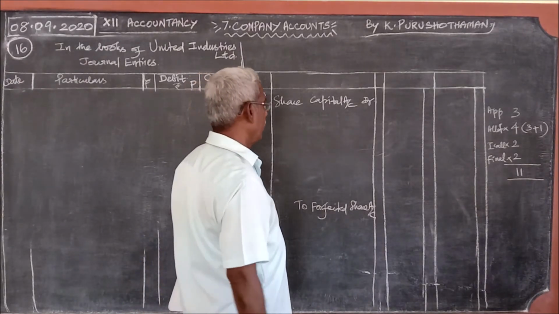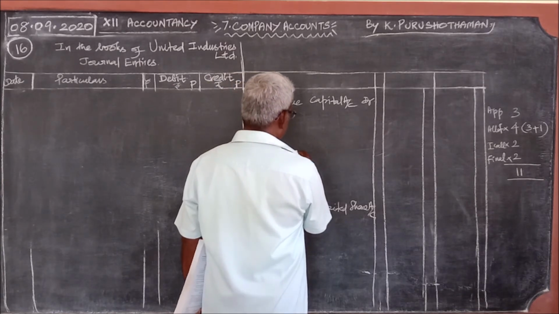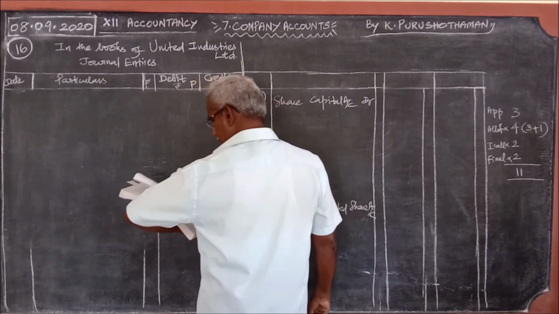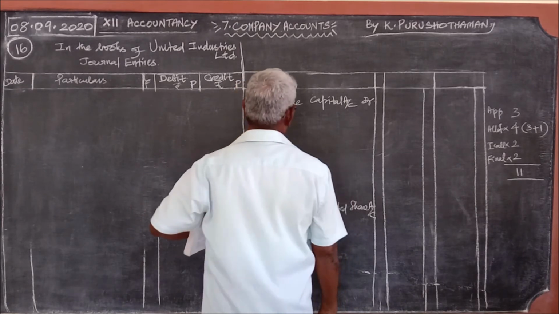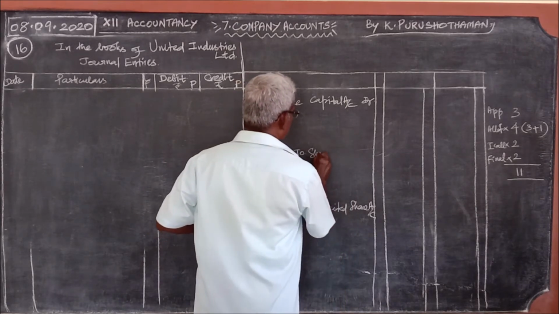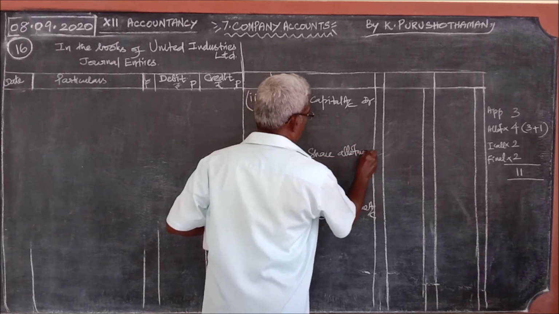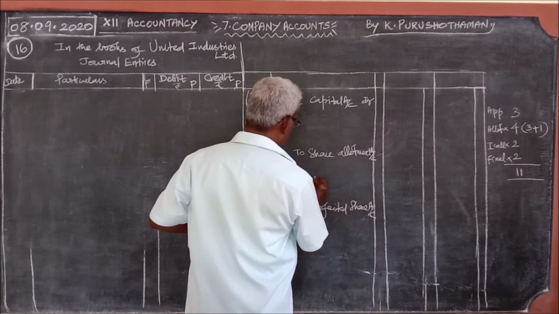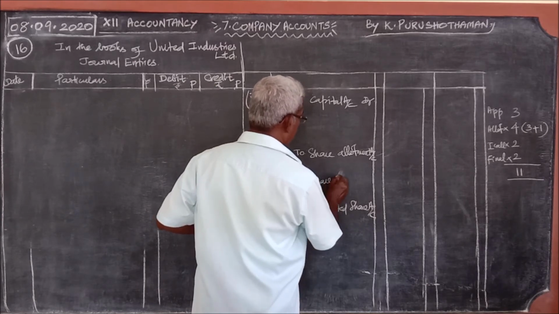And what should be written on the credit for the stages for which the money is not paid? What are the stages? Money is not paid: failed to pay the allotment money and the first call money. So, to share allotment account, to share first call account.